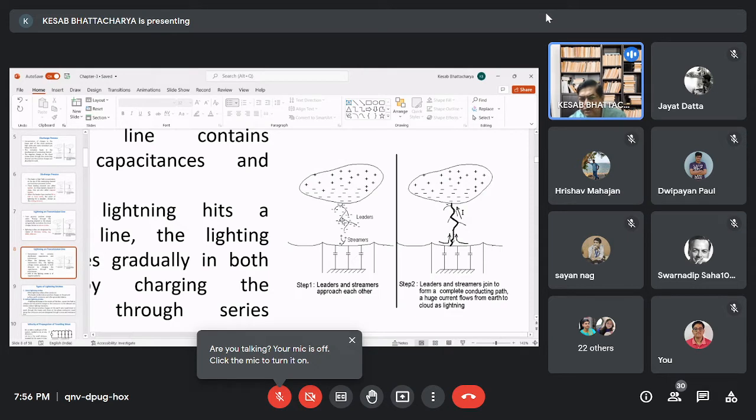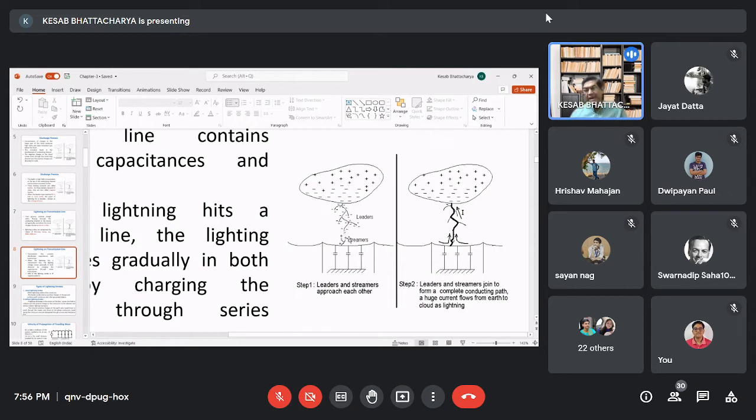In other words, the lightning strike always follows a tortuous path, not any straight path. That is why whenever there is lightning, you'll see that it takes place in the upper atmosphere along tortuous paths, not through any straight path.